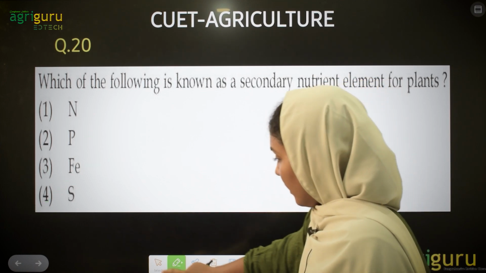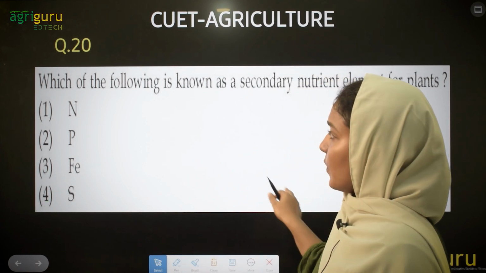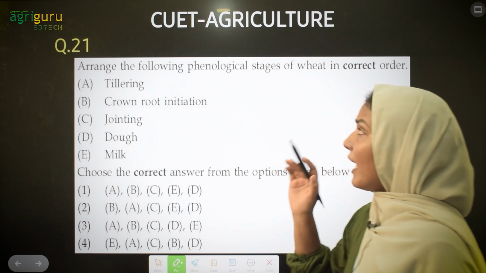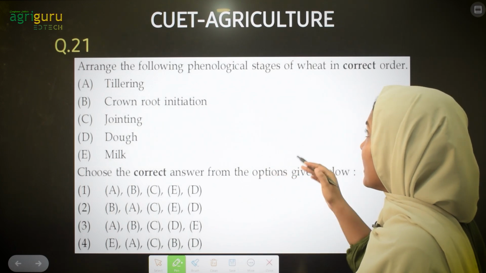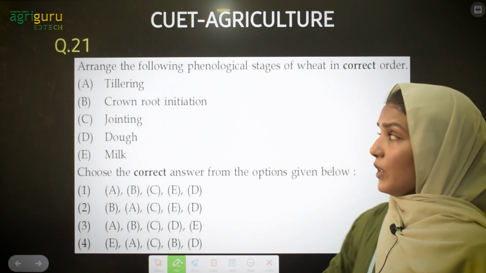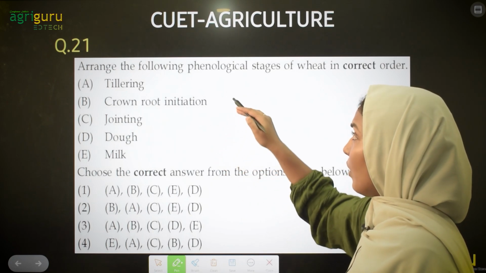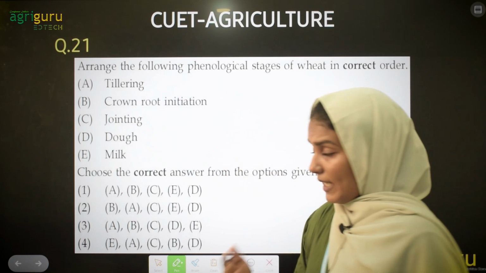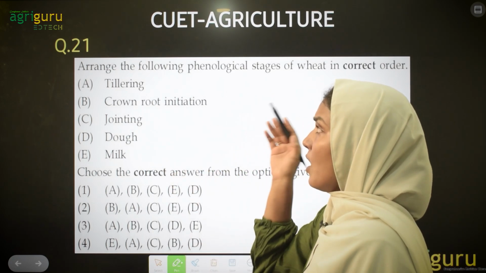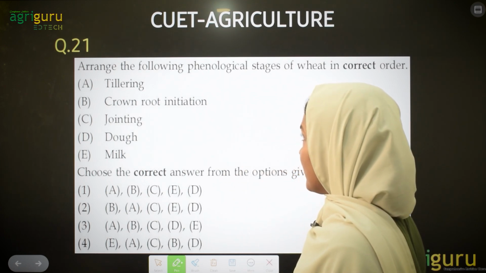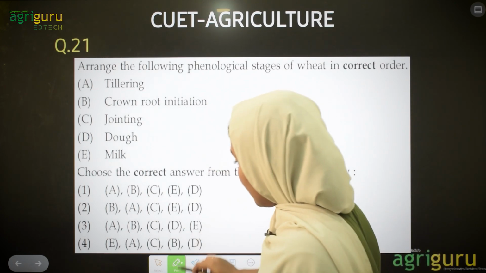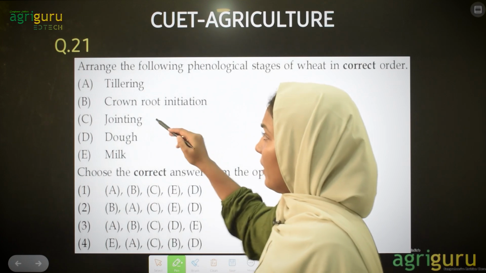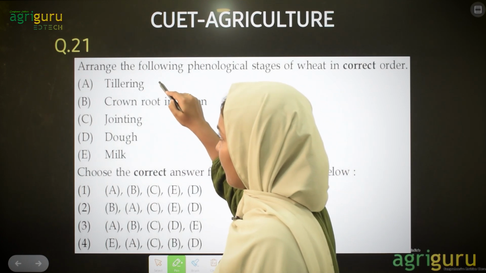Okay. Let's move on to the next question, that is question number 21. Arrange the following phenological stages of wheat in correct order. Here some stages of wheat growth and development are given, and we have to arrange them in phenological order. The first stage given is tillering. In this order, tillering is the first one.